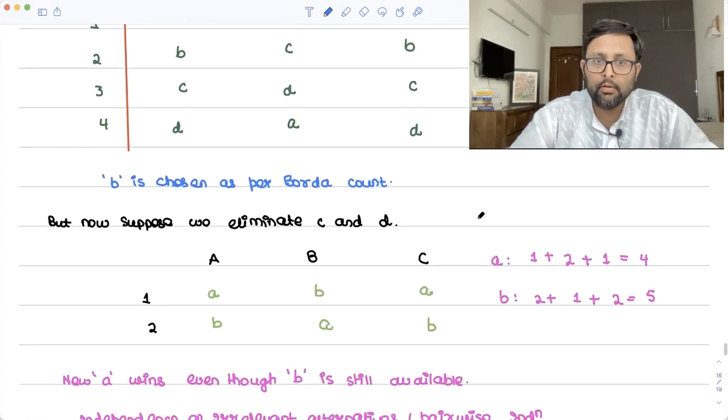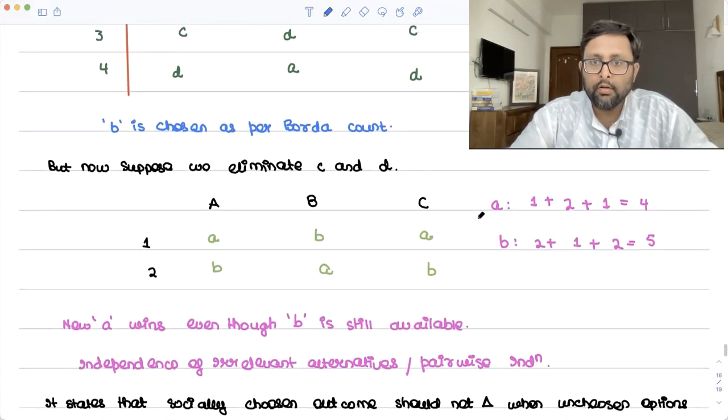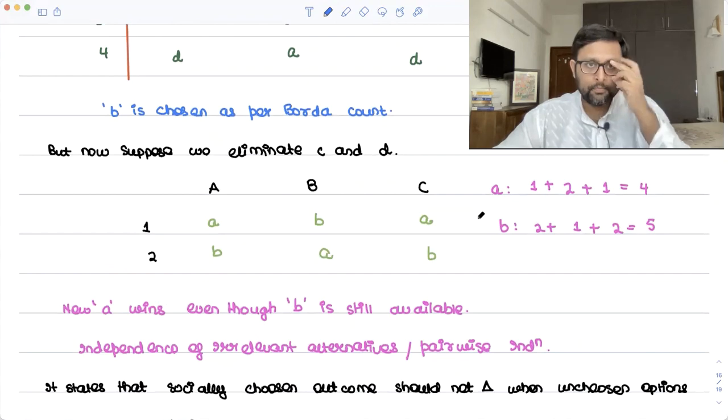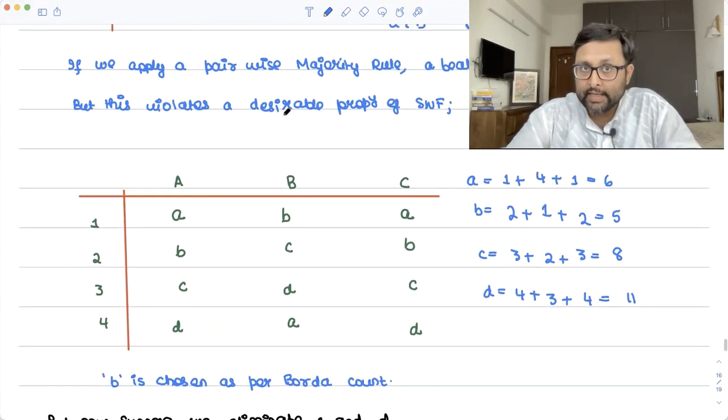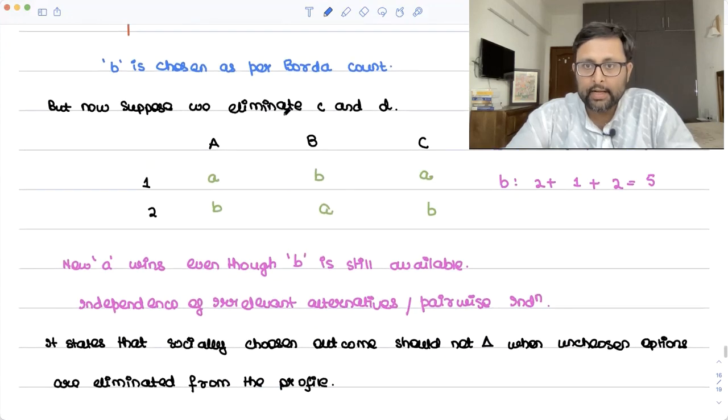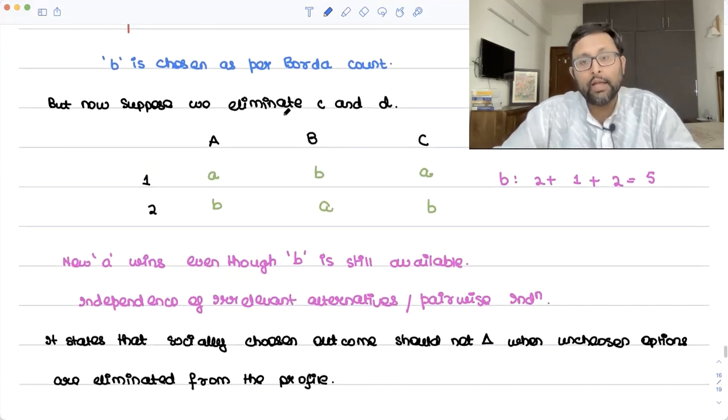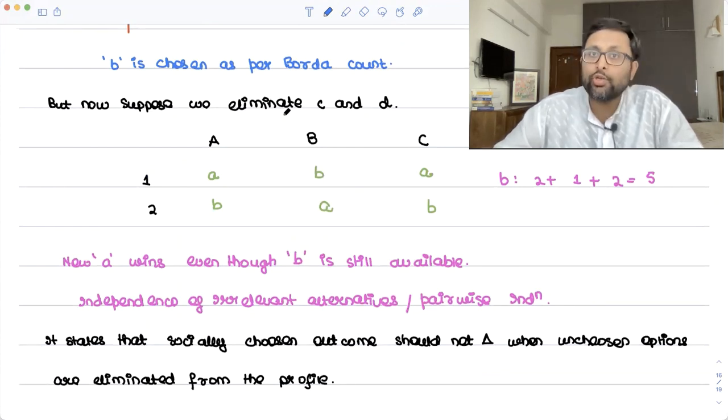You did this yesterday, right? You talked about Borda count, and we said that the socially chosen outcome should not change when the unchosen options are eliminated, right?